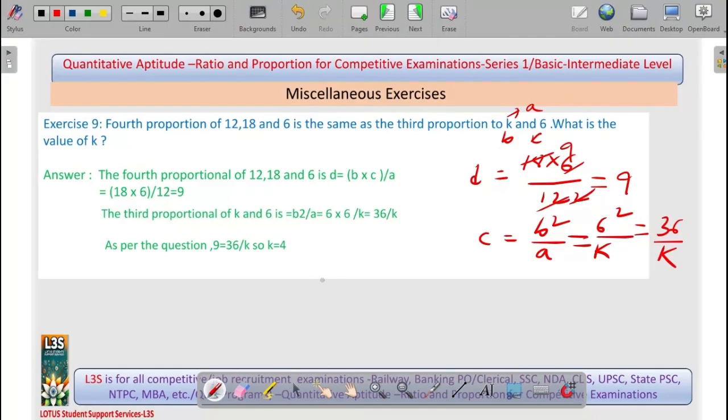What is the value of K? As per this question, 9 is equal to 36 by K. So 9K is equal to 36. So K equals 4.